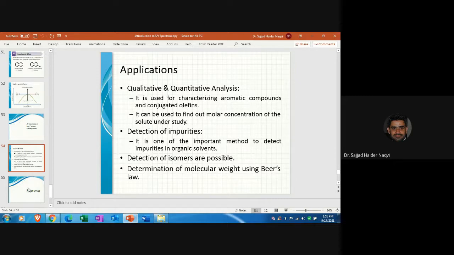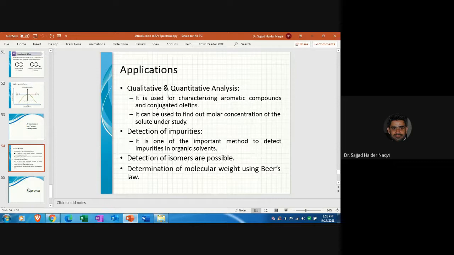And I'm sure that you guys remember the spectroscopy that you have done in your BCH 411 and BCH 412, where mainly you use the visible spectroscopy for the quantitative analysis.